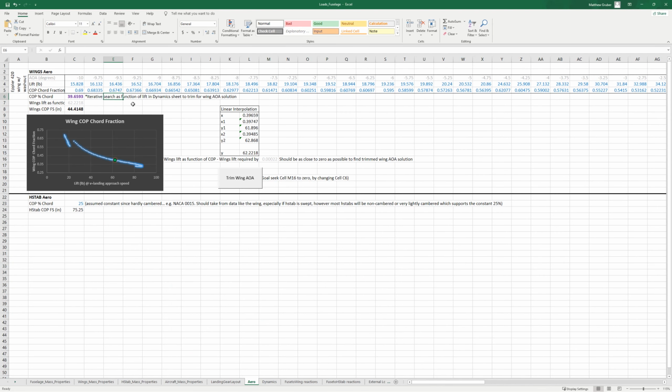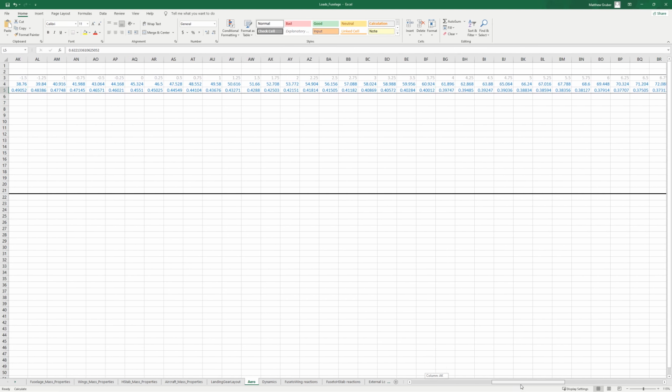So here the iterative calculation came up with, you can see, 39.7 COP percent chord. That is coming from this table, so 39.7 is about here. So the aircraft at that 1.1 Gs is saying that the wing is at an angle of attack of about 4.1 degrees, let's say.